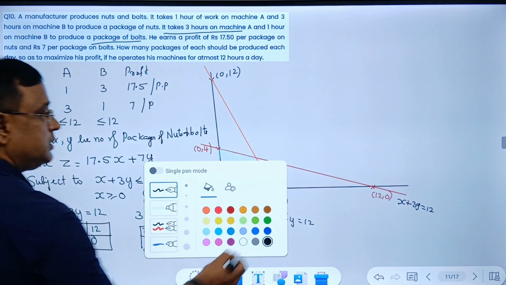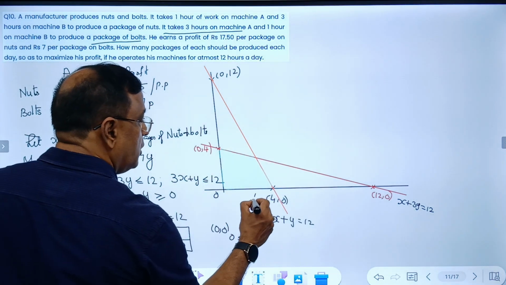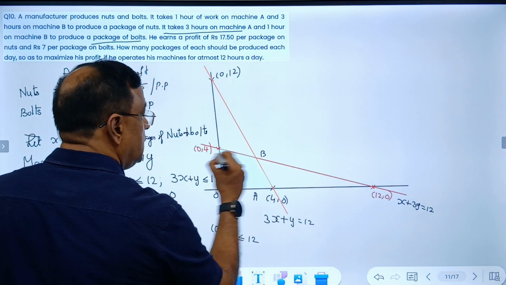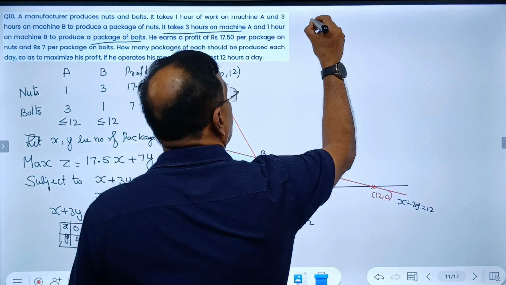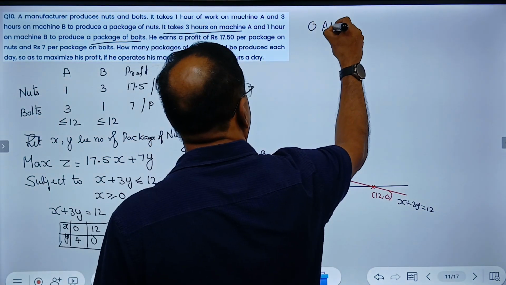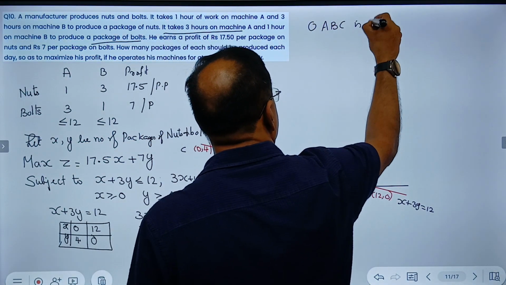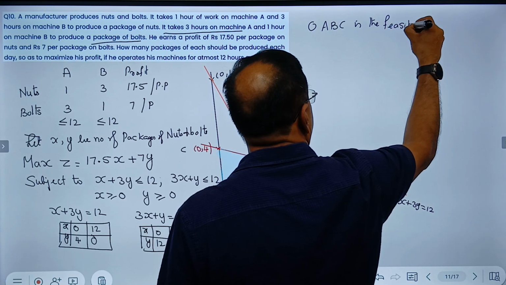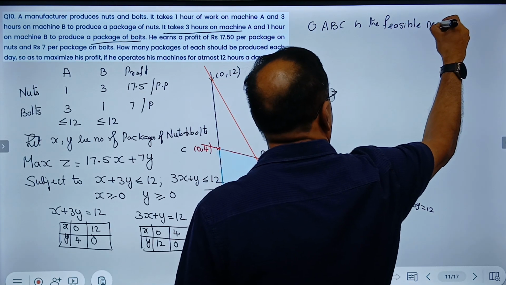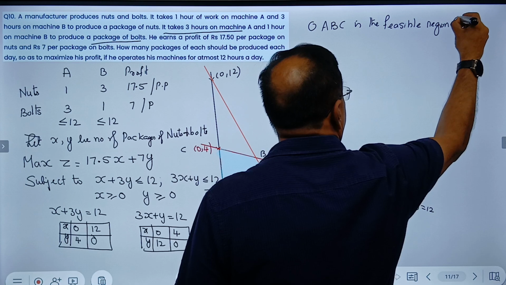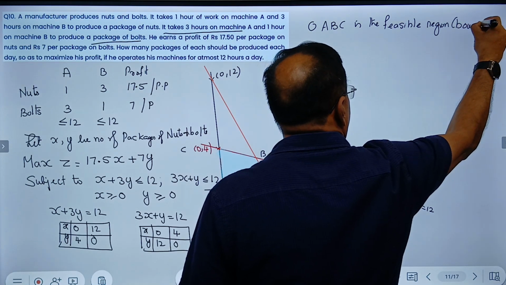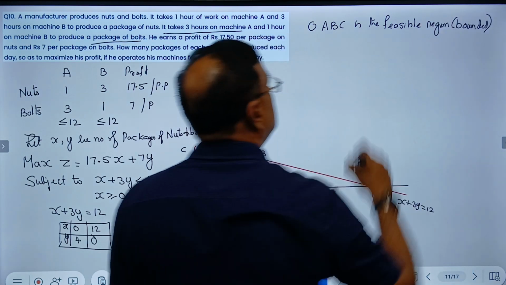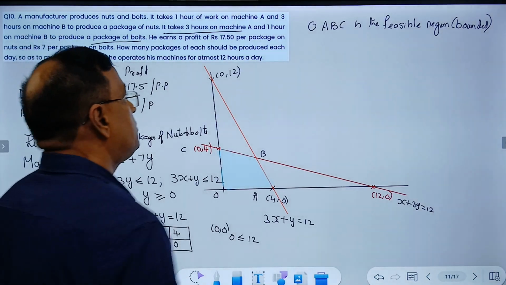What type of feasible region? O, A, B, C is the feasible region. It is bounded. So what are my corner points?